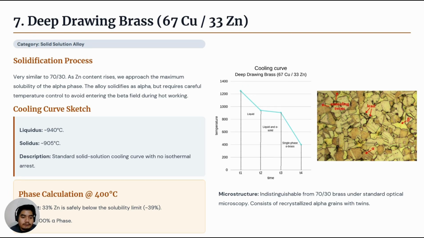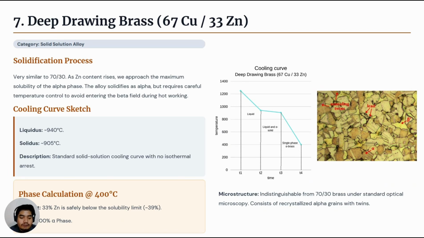Solidification process. The solidification behavior is very similar to 70-30 brass. As zinc content increases, we approach the maximum solubility of the alpha phase. This alloy solidifies completely as alpha, but careful temperature control is required during hot working to avoid entering the beta phase field.